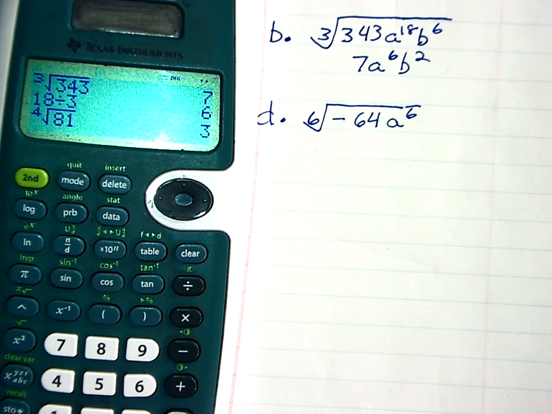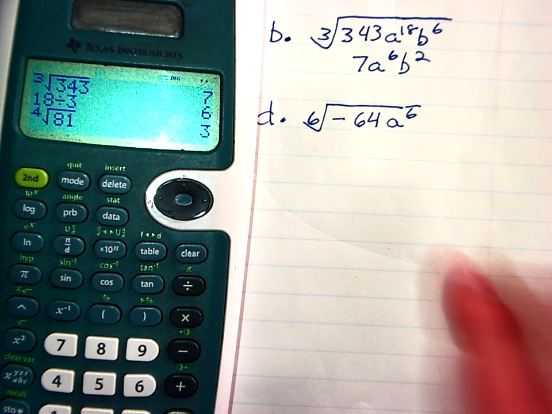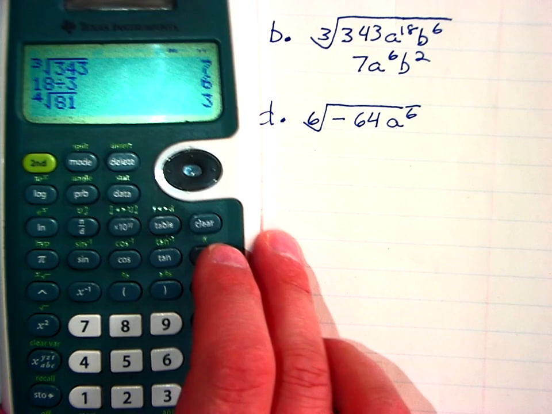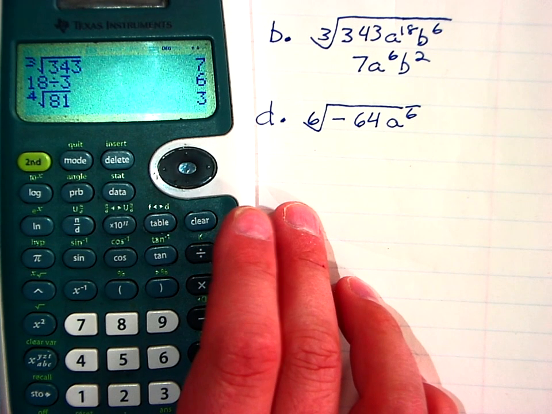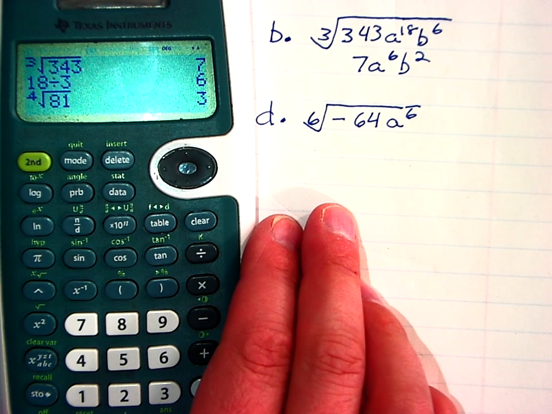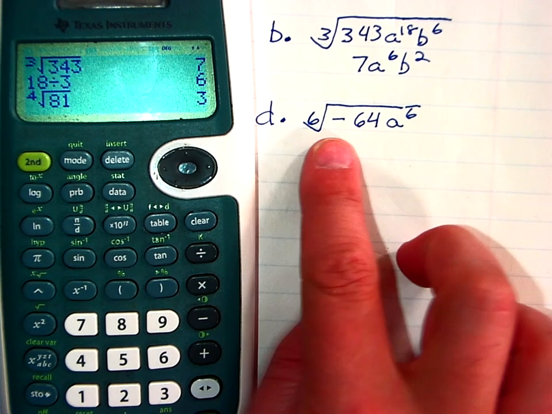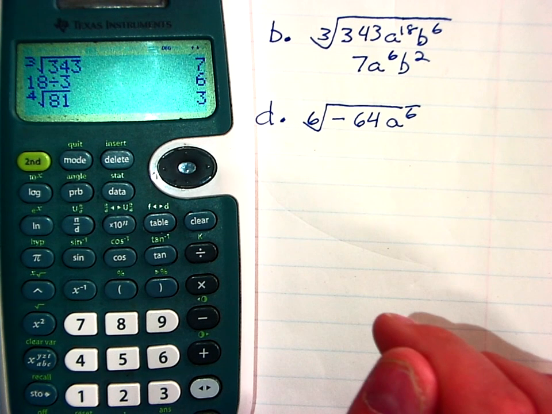If you put in the negative, it's going to tell you domain error. Wait, can you? Yes. So, is it plus or minus or just plus? Oh, it is plus or minus, because this is even, right? So we can't use a negative because it's going to tell us there's an error.